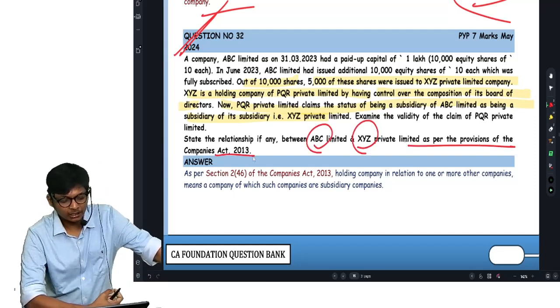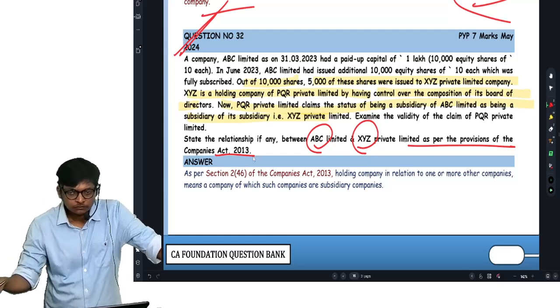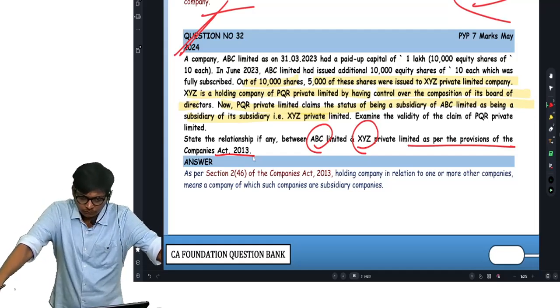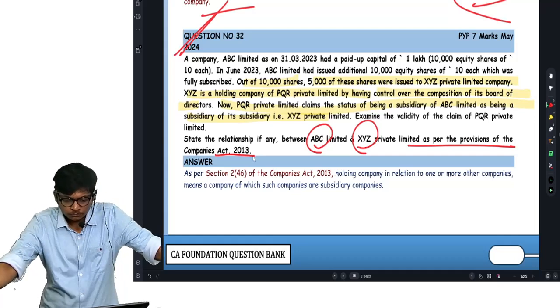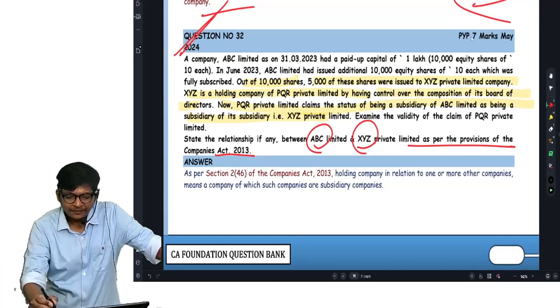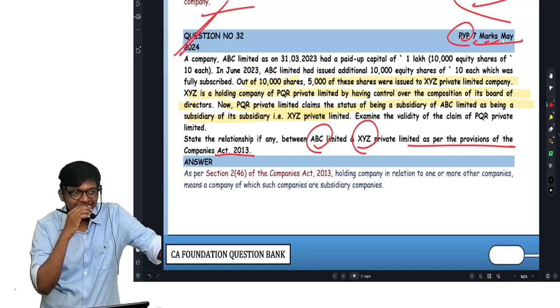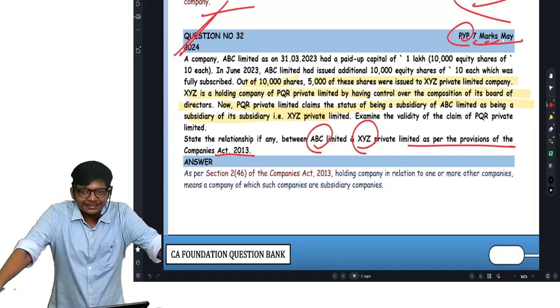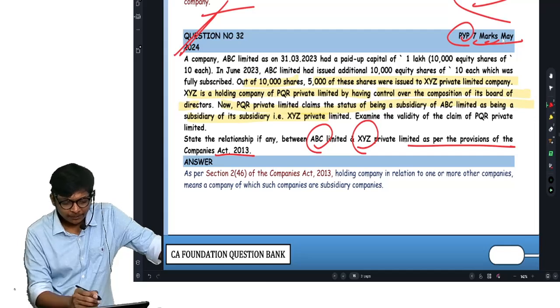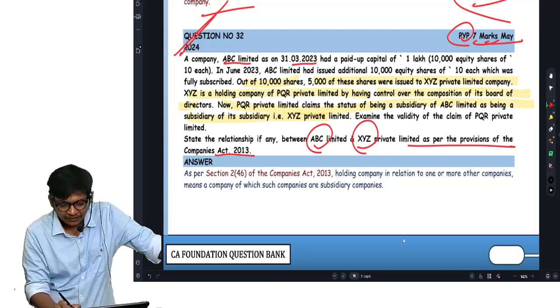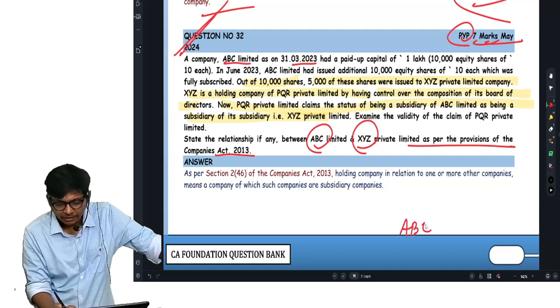Is it a subsidiary? Sorry, go ahead. Previous year paper, May 24, 7 marks they asked. Is this subsidiary, guys? Yes or no? What is happening? ABC as of 31st has 1 lakh. Okay, ABC தான் கீழ இருக்கு.